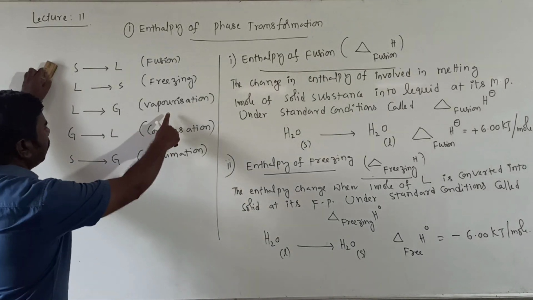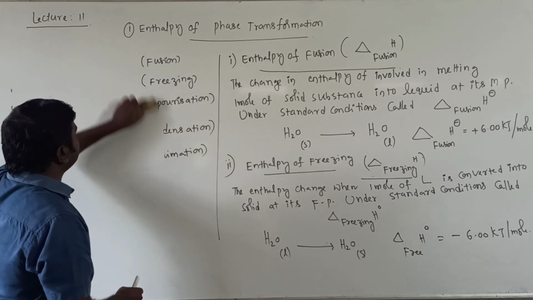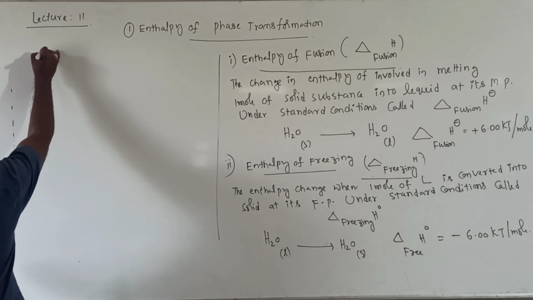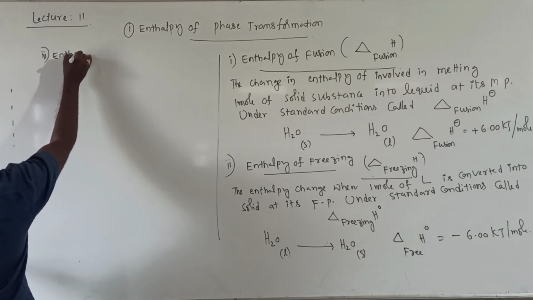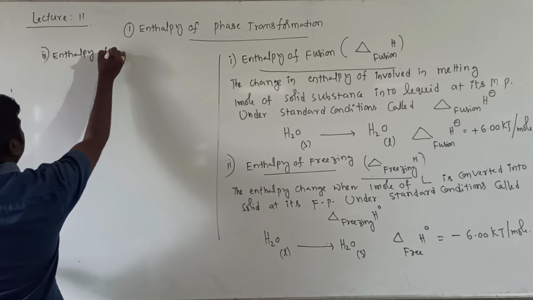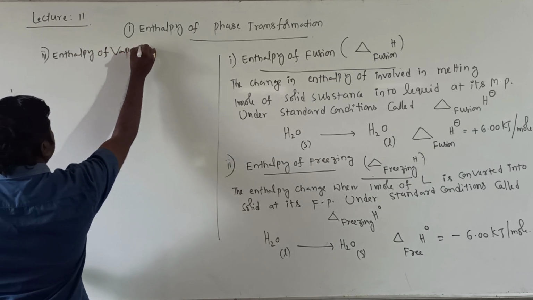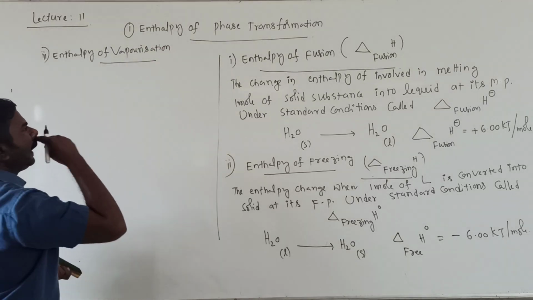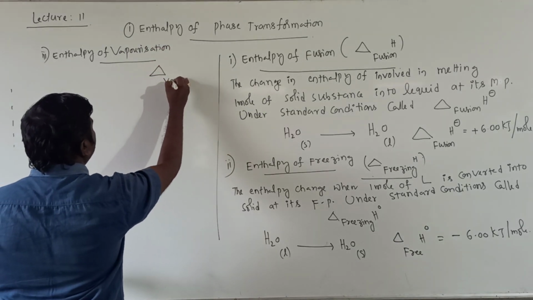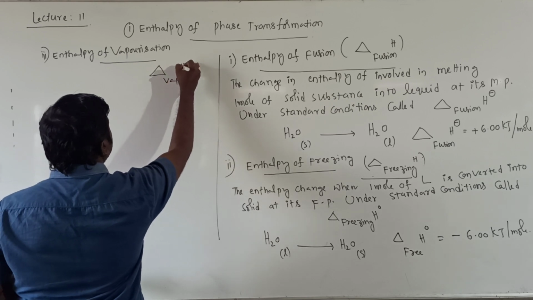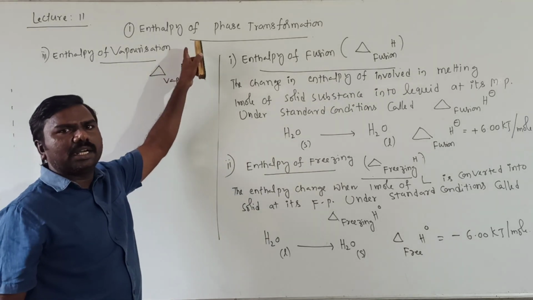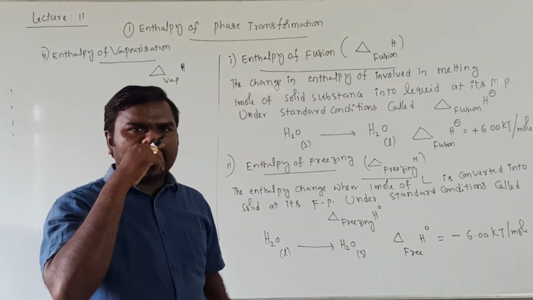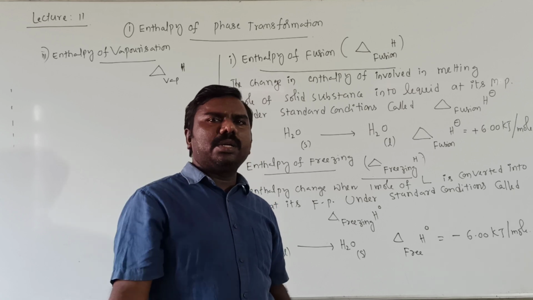Next one is enthalpy of vaporization, indicated as delta vaporization H. If you keep the naught, it is standard enthalpy of vaporization. Vaporization means liquid is converted into gas.